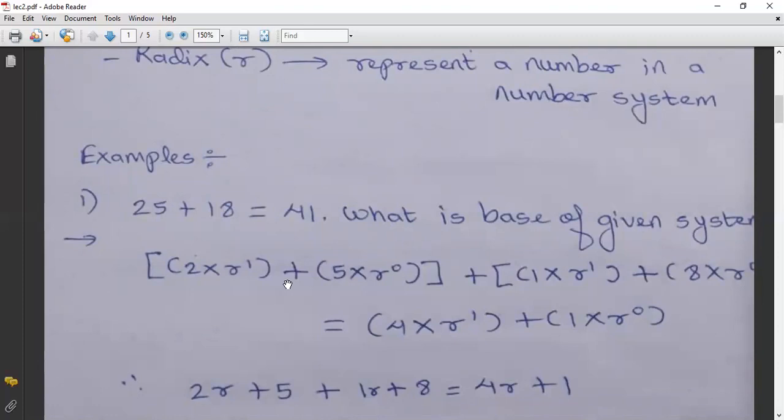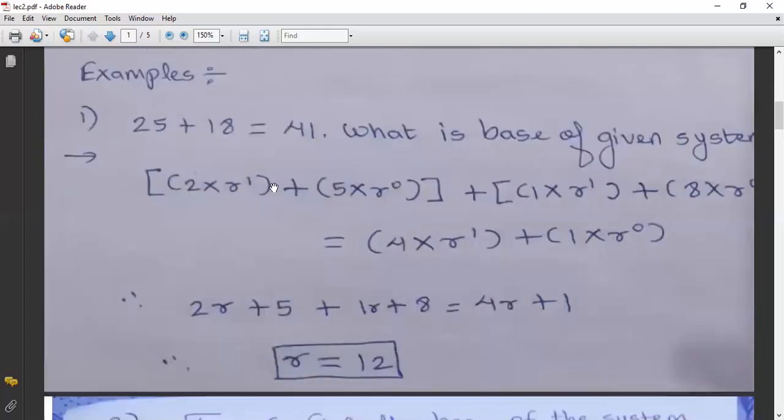Therefore, write it down: 2 into R raised to 1 plus 5 into R raised to 0. Similarly, for the number 18, we write its place values: 1 into R raised to 1 plus 8 into R raised to 0, equal to 4 into R raised to 1 plus 1 into R raised to 0.